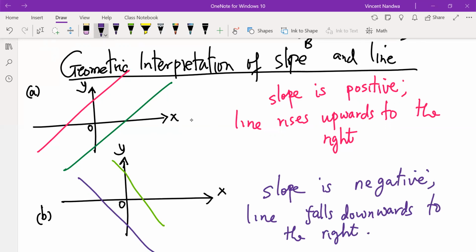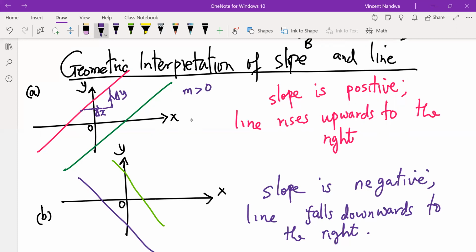For this first example, if you are to get the gradient of this line, you see this is the change in y, this is the change in x. Change in x is positive, and change in y is positive, so m is positive.